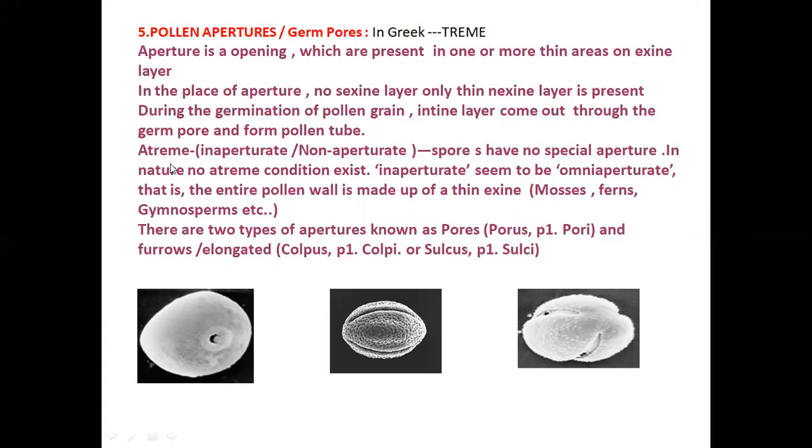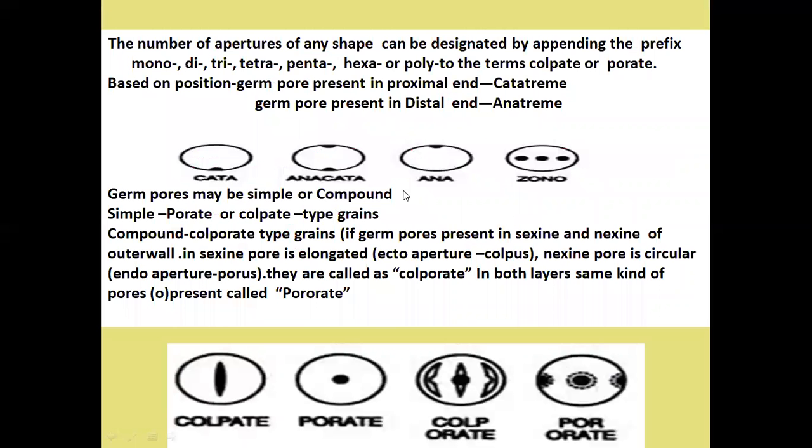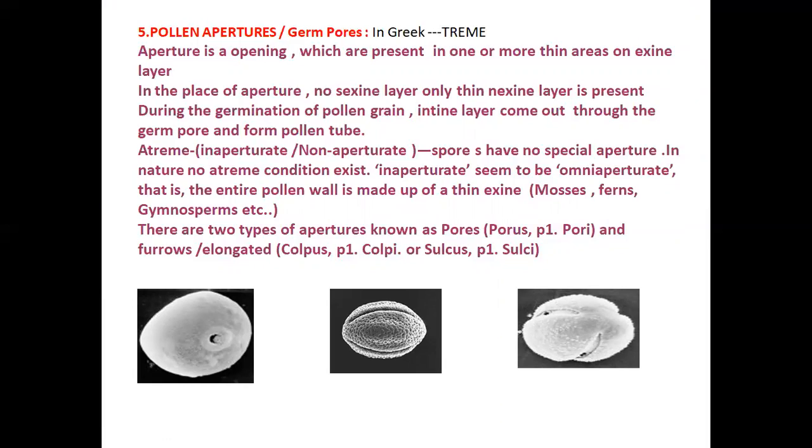So go through the types of apertures. Etrimi indicates the inaperturate or non-aperturate condition, that means having no special aperture. There is no aperture on the pollen grain. But in nature, no pollen grain exists without an aperture. The no-treme condition does not exist.